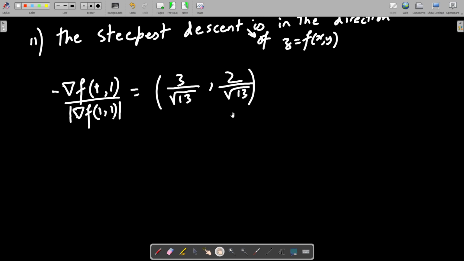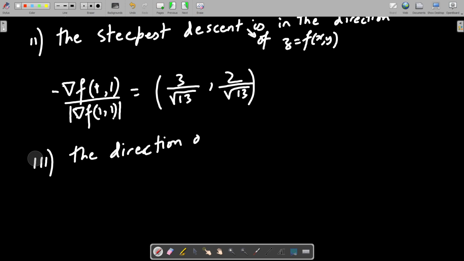And then next, the directions of no change. We're getting two directions because of the plus and minus sign.